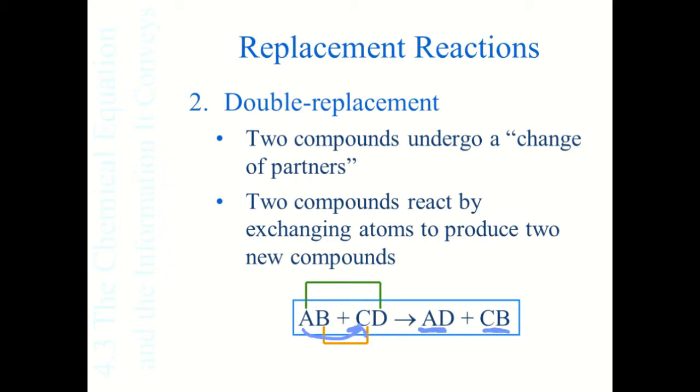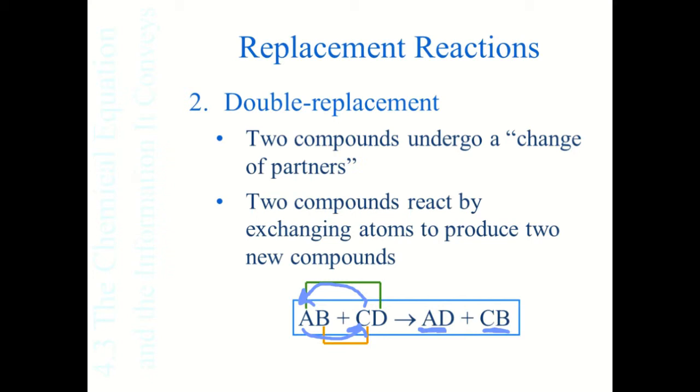These guys just switch places. That's it. You can think of it however you want. You could think of it as the anions switching places. It doesn't matter, but I'm just going to say it that way to keep it consistent. Just switch the cations.